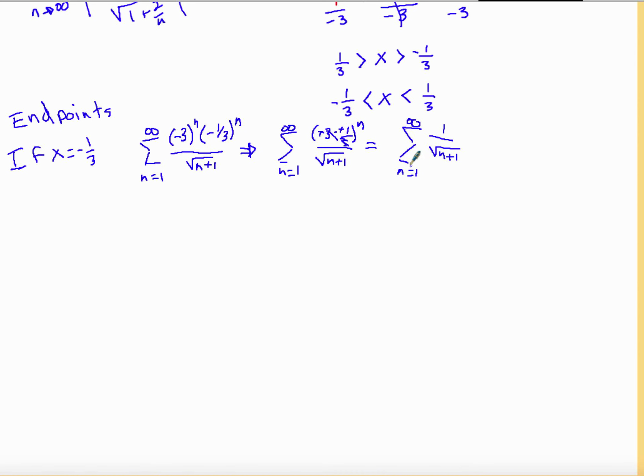Now, as n gets really, really large here, this guy is going to be also, we're not taking the limit here. It's a sum, silly me. This actually kind of looks like a p-series. Do you see it? Well, let me make it a little bit more explicit.